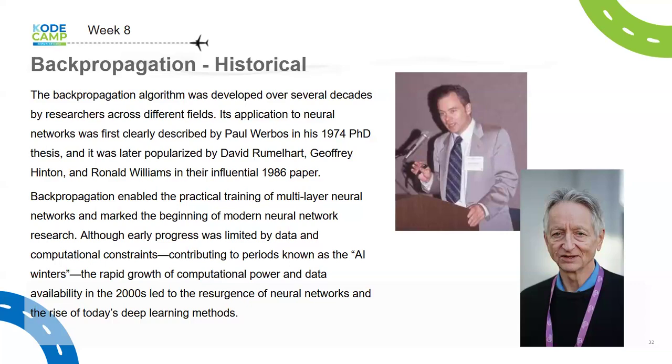So that unique combination of growth of computational power and data availability due to the internet and several other things led to the backpropagation algorithm becoming more useful in training neural networks. And eventually that led to the resurgence of neural networks.